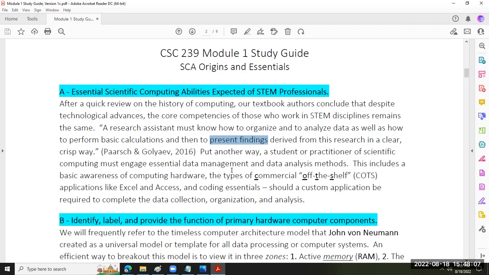No. Okay. Well, it's an authentic answer. So if the primary purpose of what you're doing is to be able to present findings, then the big question is, what's the purpose of the findings you're presenting?